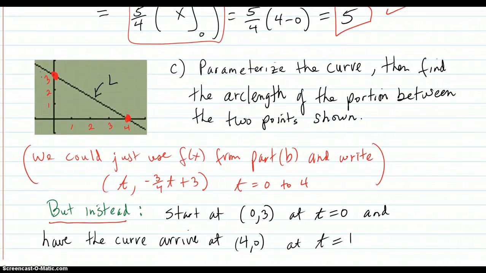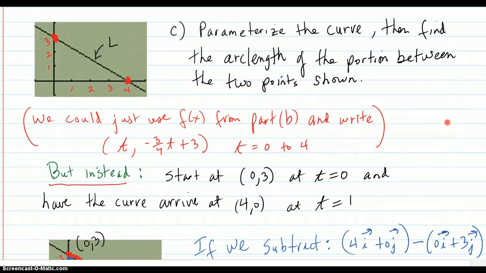We're going to parameterize the curve, then find the arc length of the portion between the 2 points shown, just as we did. So we're going to parameterize this entire curve, but then we're going to find that arc length there.